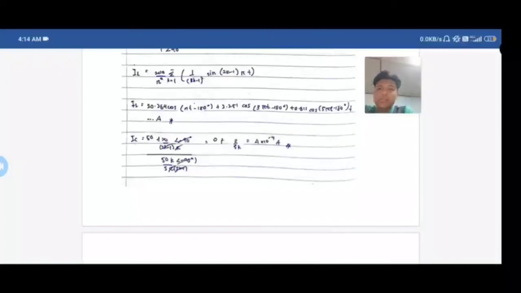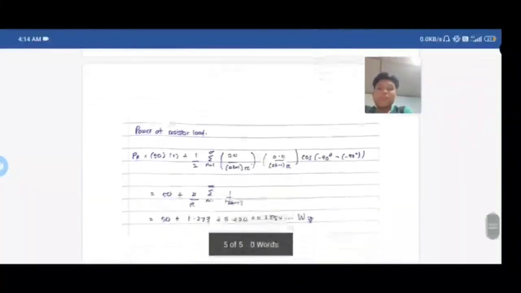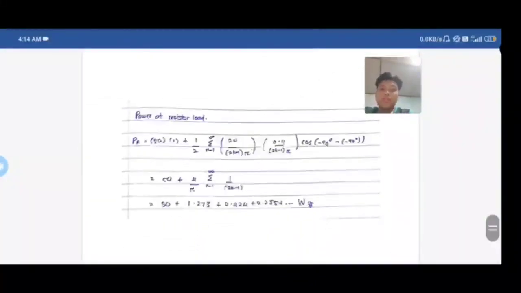So we'll get 0 plus 2 over 5k equal to 5000, which is 2 divided by 5000, we'll get the answer 10 to the power negative 4 ampere for the current through capacitor.